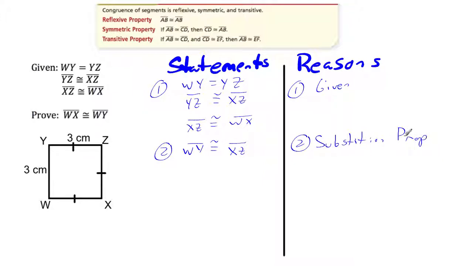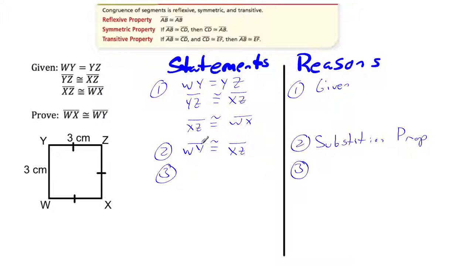Now technically we should say that WY is congruent to segment WY, because there is a specific difference between equals and congruence. For our purposes, we're not going to go too deep into that. So if you just want to write that WY is congruent to XZ, that's absolutely fine.